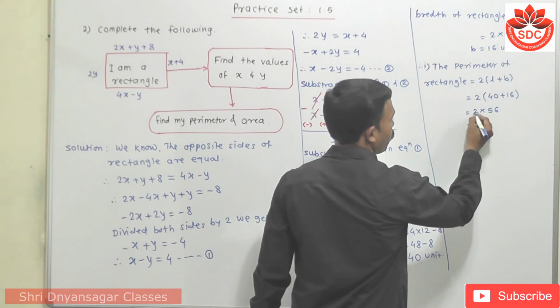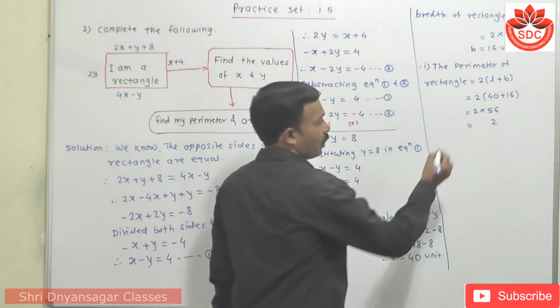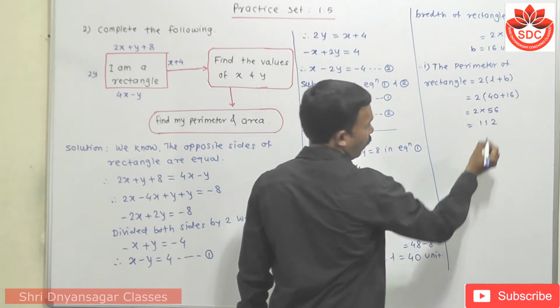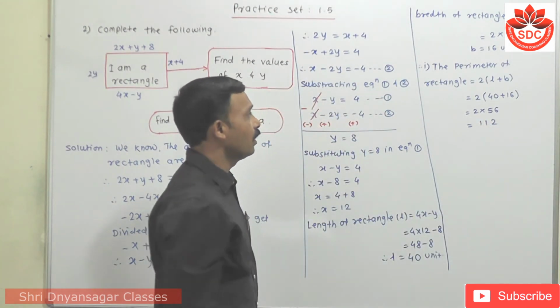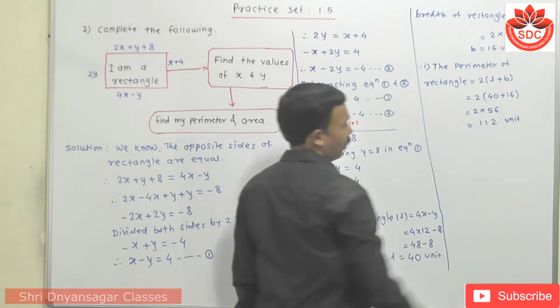The product becomes 2 sixes are 12, carry 1. 2 fives are 10 plus 1 is 11. Means that 112. Here it is the perimeter, so you only have to write the unit here.